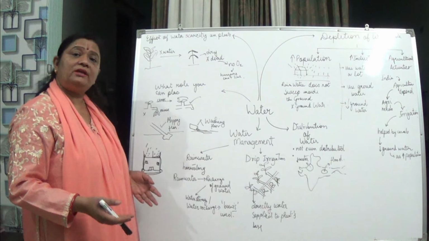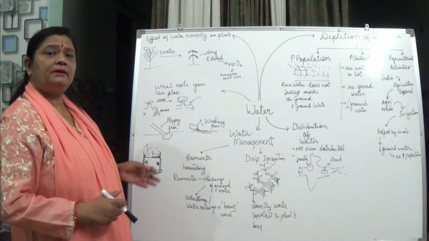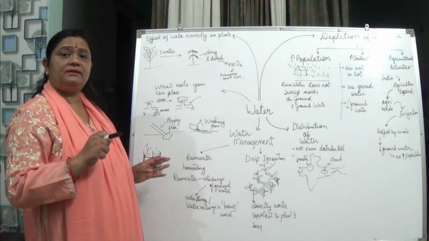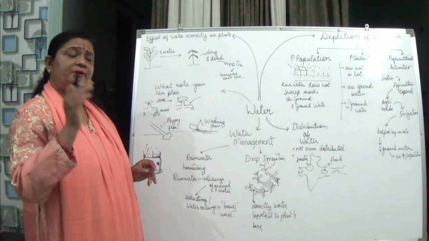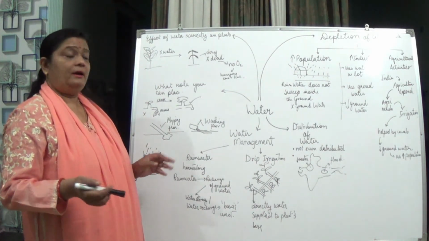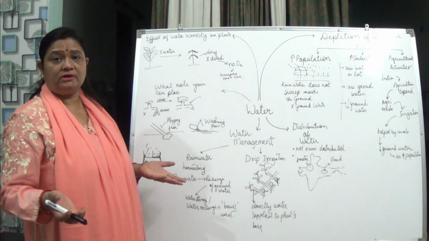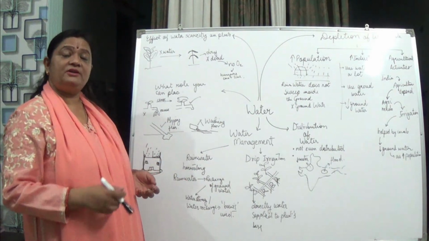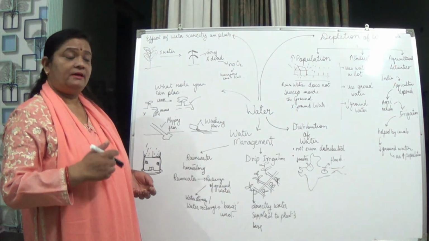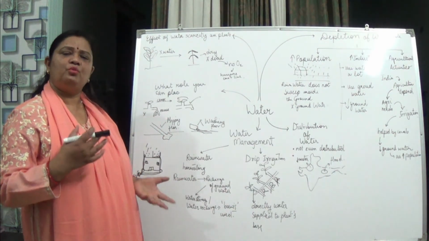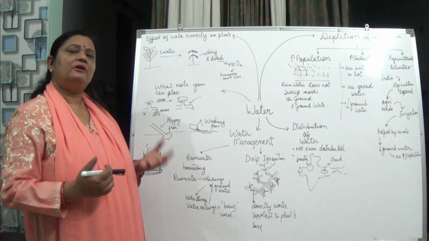While brushing the teeth, close the tap, isn't it? In bathing, don't keep the tap or the shower open all the time, because that is also wastage of water. While cleaning the utensils, don't keep the tap open, isn't it? These are some things by which we can conserve water.